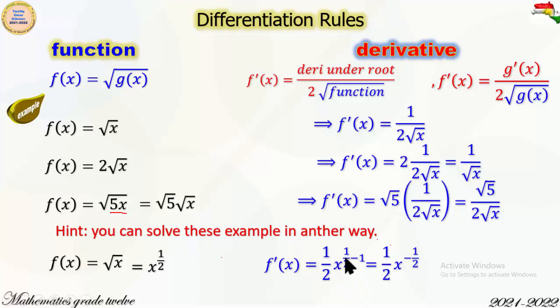The 1 over 2 minus 1 is minus 1 over 2. That means half minus 1 is minus half. Because we have a negative power, we must take it to the denominator. It becomes 1 over 2 square root of x. That's the same answer as the first example.